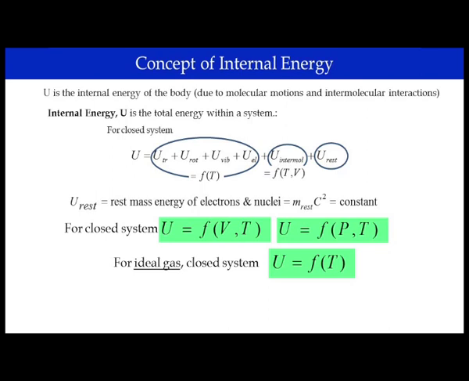So, if we fix the temperature and we change the volume or we change the pressure, the internal energy of the ideal gas will not change. Please keep this in mind, that the internal energy of an ideal gas in a closed system only depends on temperature.